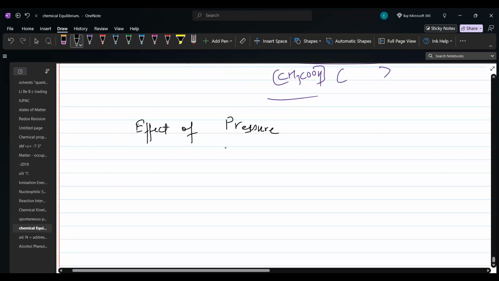With an example we are going to understand it. For example, N2 is a gas which reacts with 3H2 and gives ammonia, which is in gaseous state, in equilibrium.